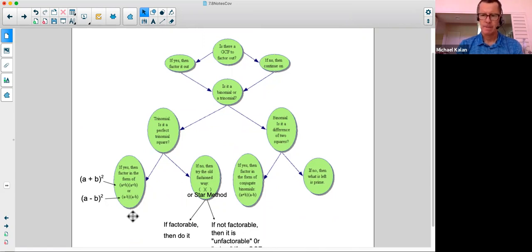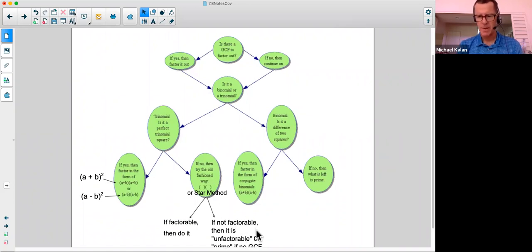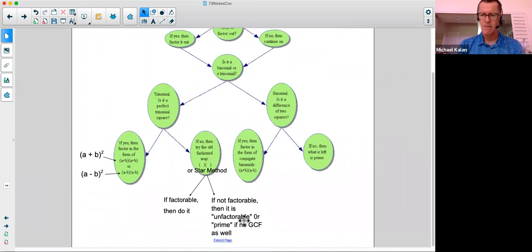If no, then you're going to try doing it the old-fashioned way or the star method. If you can do it by one of those two methods, then obviously factor it. If it's not factorable using either of those methods, then it is unfactorable.